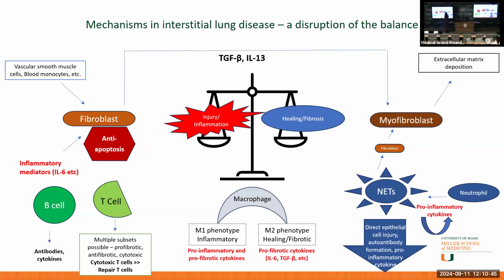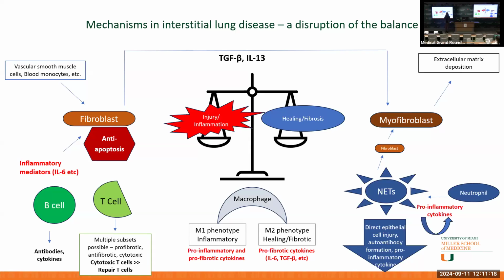It happens from a bunch of different regions. The macrophages have two phenotypes here, one that's pro-inflammatory, one that's healing or fibrotic. They start releasing different signals due to whatever underlying cause is happening. Your B cells can start inducing antibodies, cytokines that can activate these macrophages. Your T cells, you end up getting more cytotoxic here, but they also have a pro-fibrotic and an anti-fibrotic balance that gets disrupted. We start recruiting cells with these cytokines from the periphery.